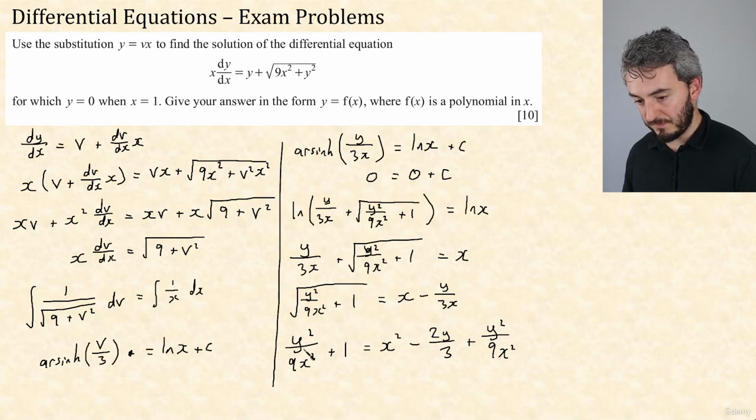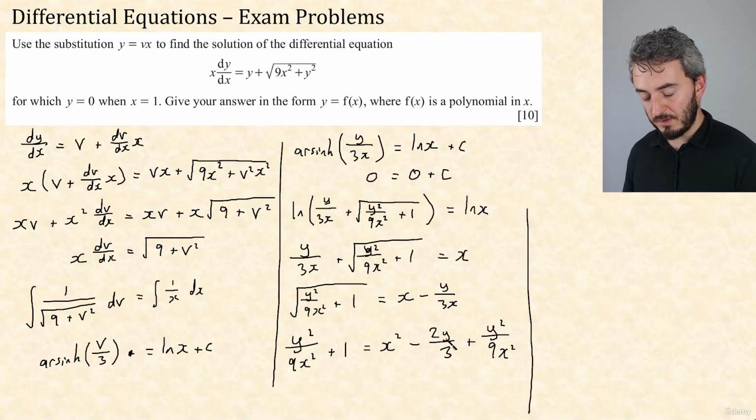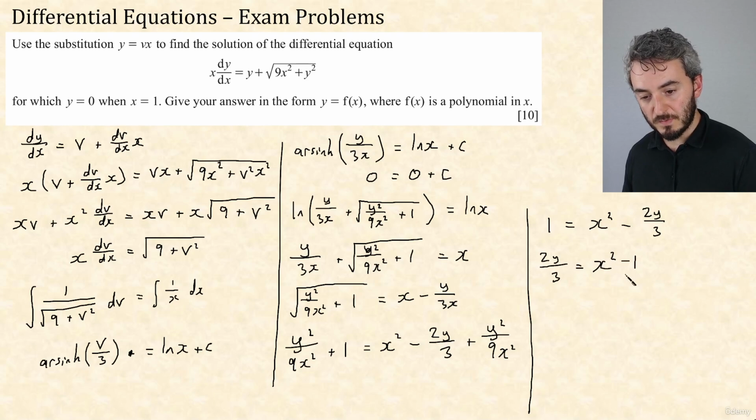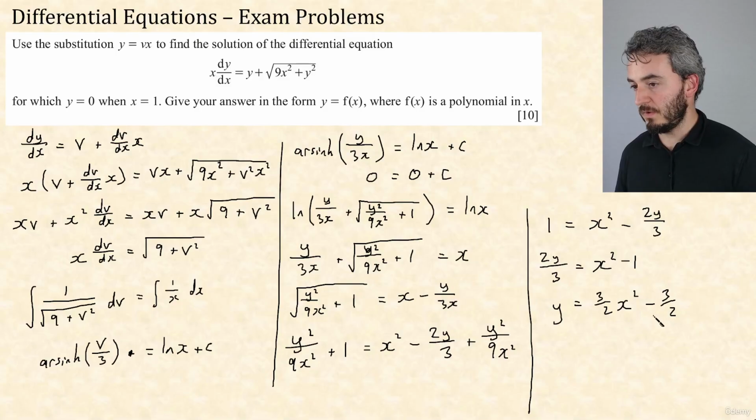That's good. These cancel, meaning in the end the only survivors are 1 equals x squared minus 2y over 3. Getting the y on its own, 2y over 3 equals x squared minus 1, timesing by 3 over 2, we get y equals 3 over 2 x squared minus 3 over 2. Okay, so after all of that, it's just a simple old quadratic.